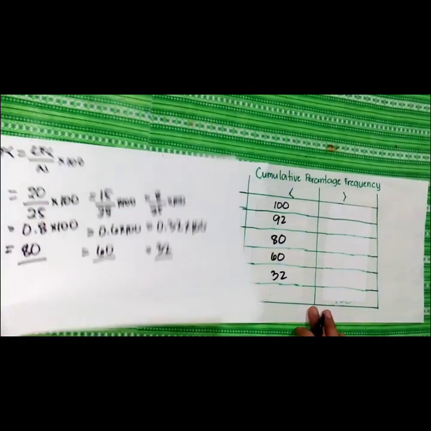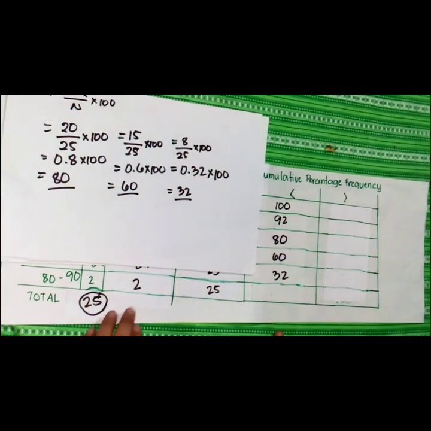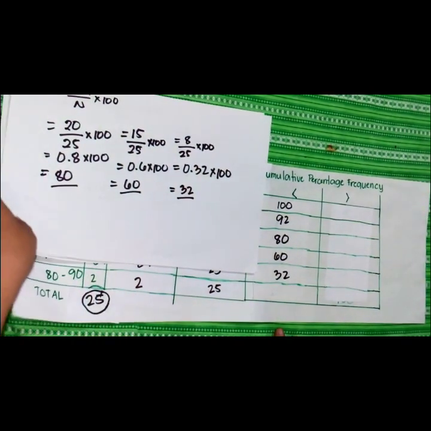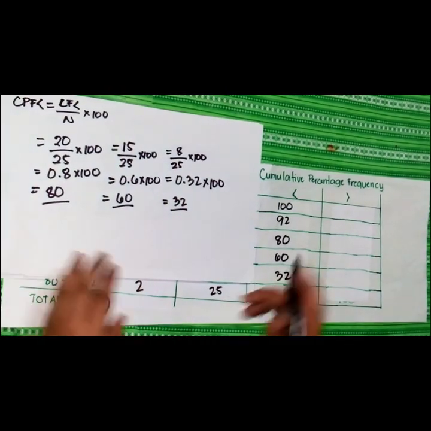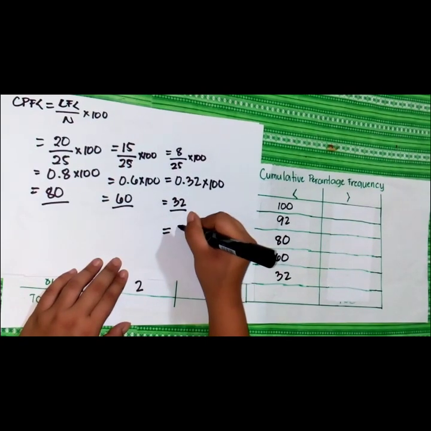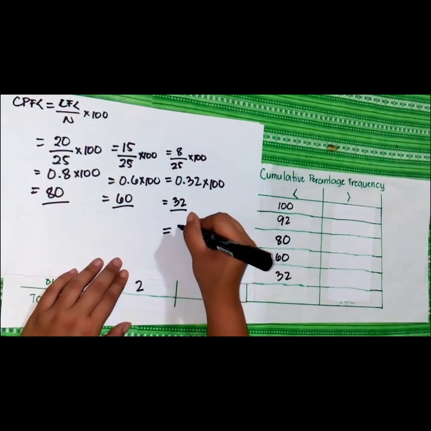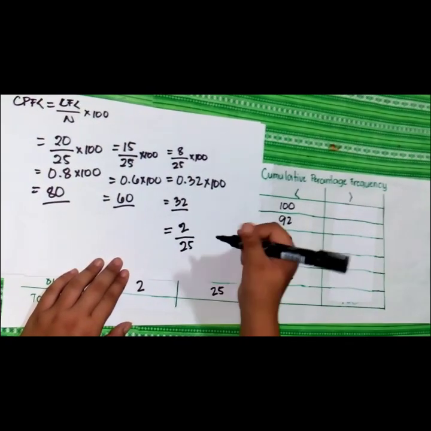So in our cumulative frequency in the last row, we have a number of 2. So we will write 2 again. So we have a CF lesser than of 2, and we have a number of cases 25.